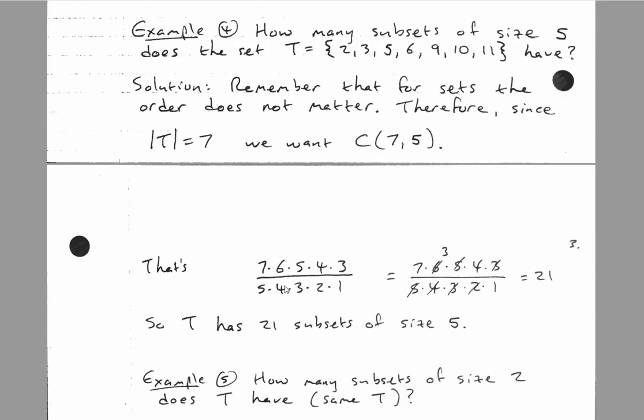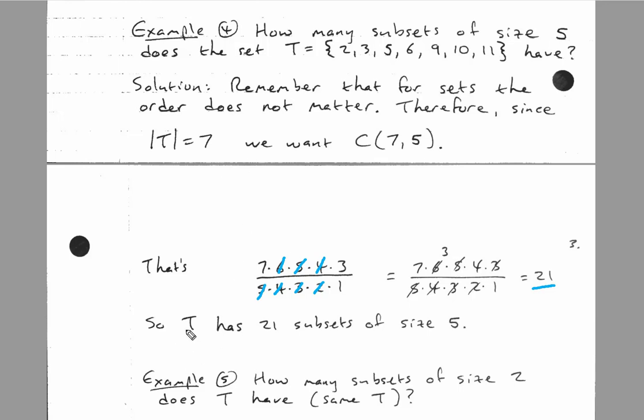Yeah, these are big numbers, but we can figure this out using cancellation. So again, 3 and 2 on the bottom, so this 6 cancels with this. The 4's cancel, the 5's cancel. So 21.